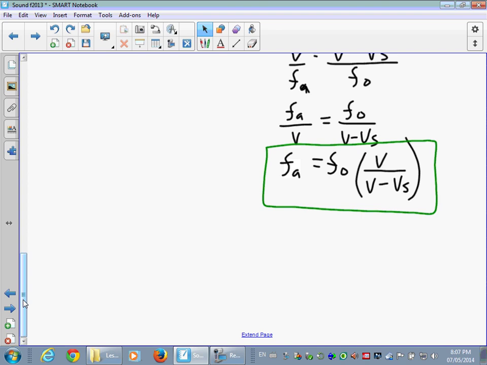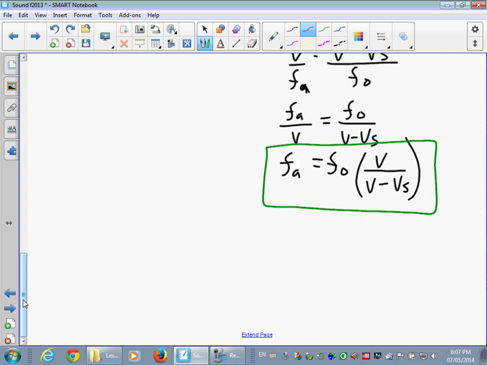So you take the original frequency of the sound when it's not moving at all, and you multiply it by what's in this fraction. Now consider what's in the fraction, V divided by V minus Vs. So we've got two V's on top, and you might think that you want to simplify it, and I suppose that there are ways that you could, but it's not very simple, actually. So it's probably not considered simplifying.